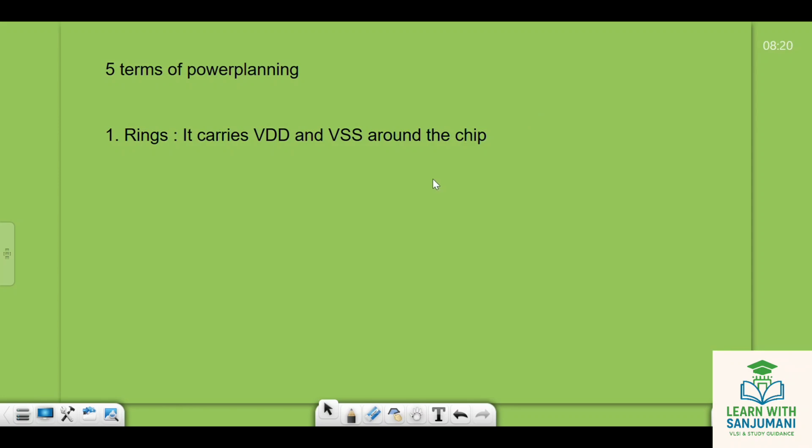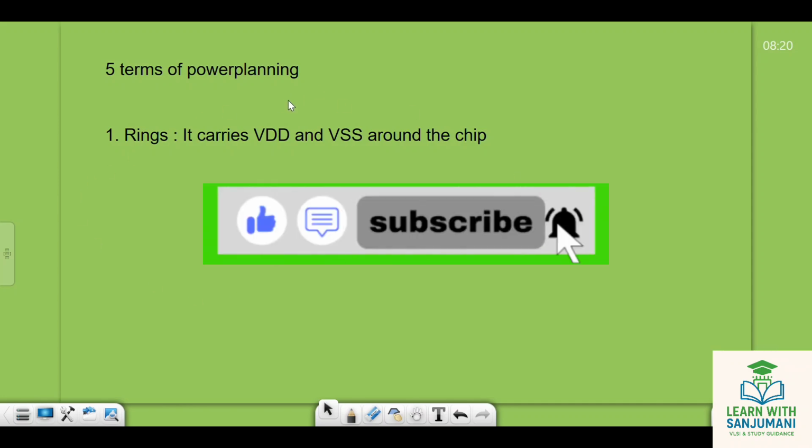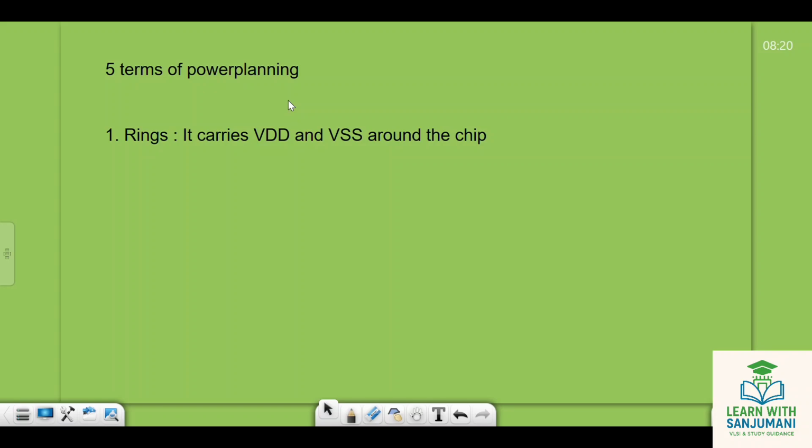So by using these rings only, we need to provide VDD and VSS to each and every single macro and standard cell. For example, it is like a power line around the motherboard edges. We all know about the motherboard, right? We have power lines around the motherboard, and along with that, power will be distributed around the entire chip boundary. That is nothing but the rings. This is the duty of rings.